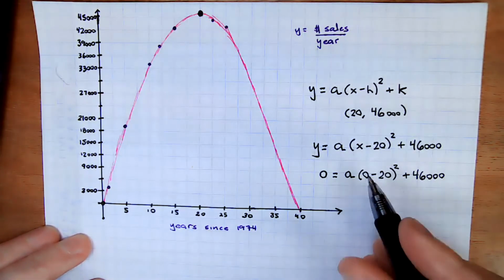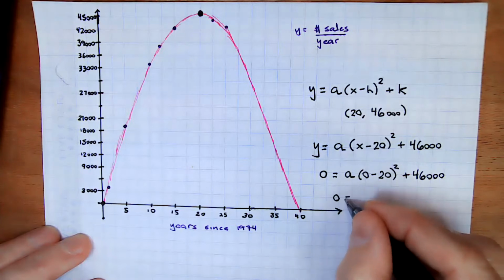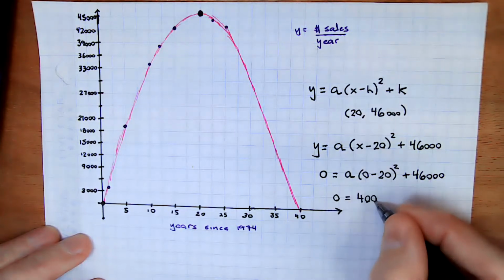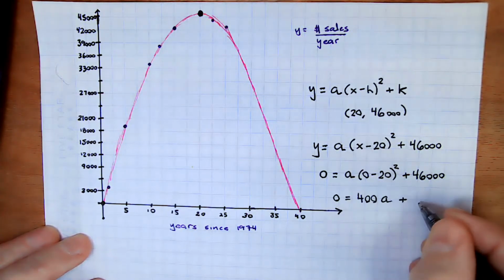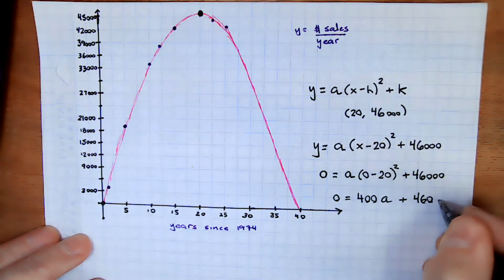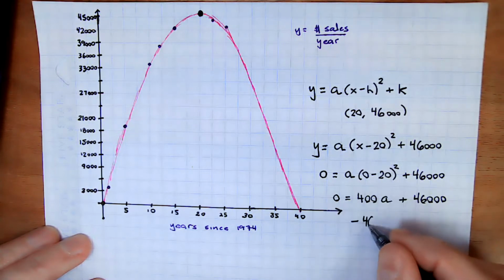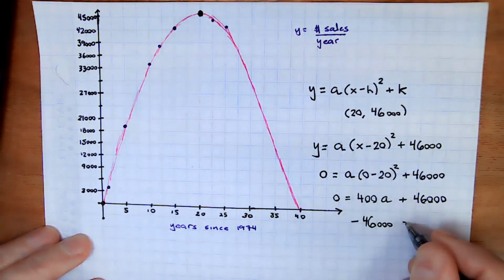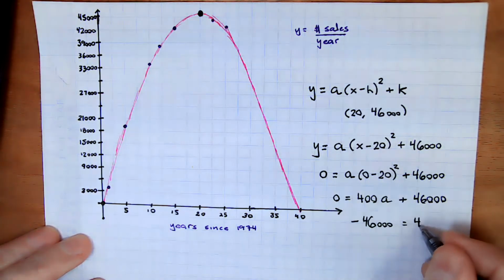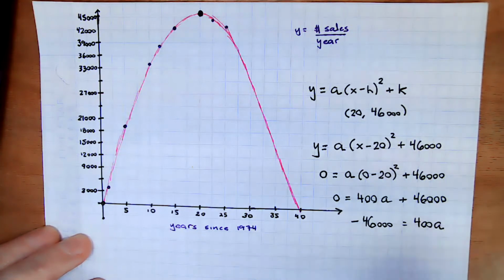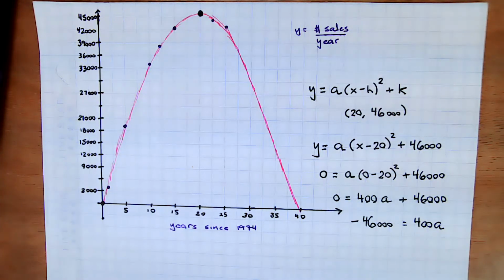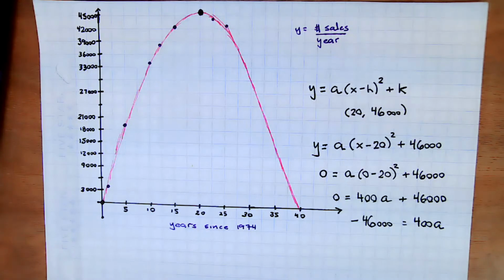So negative 20 squared is 400. Subtract 46,000 from both sides. And already you can see that A is going to be a negative number.